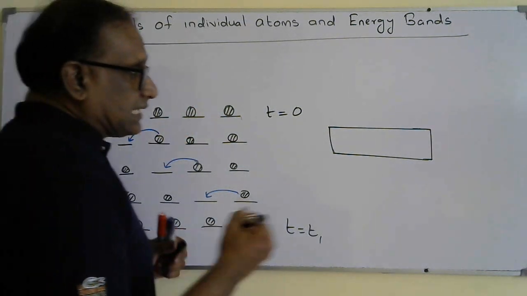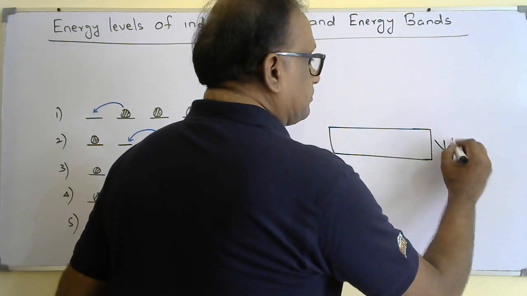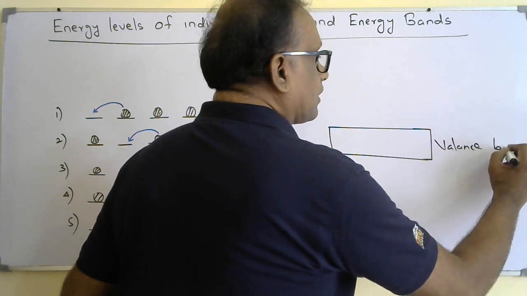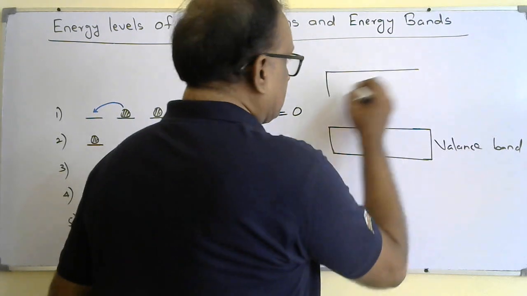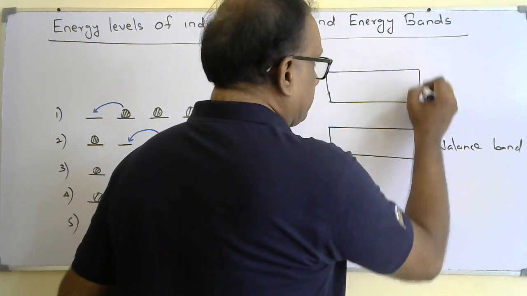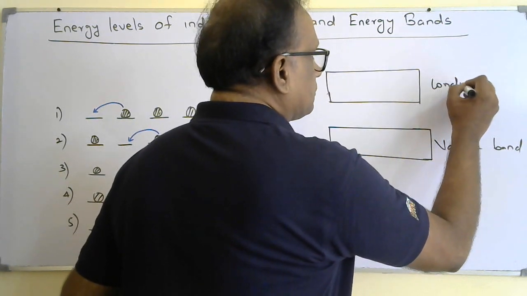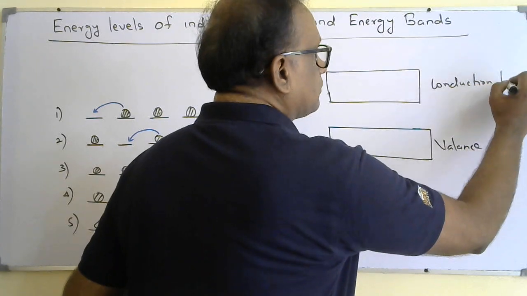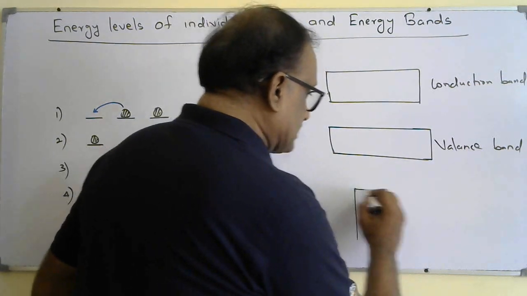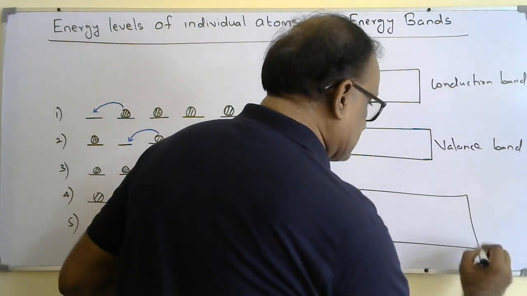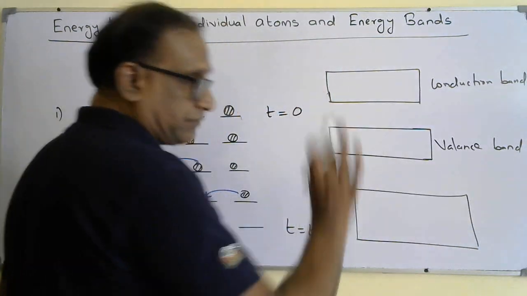So imagine this is the valence band. So this is the conduction band. So this is the material. In this material, these two bands are there, right?